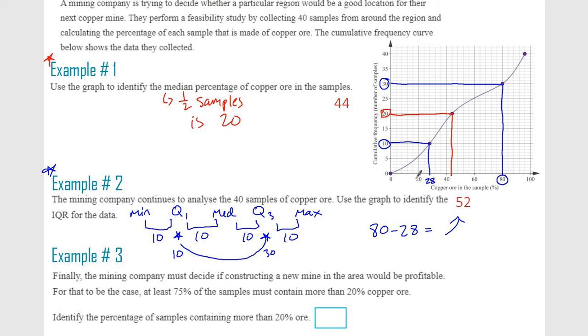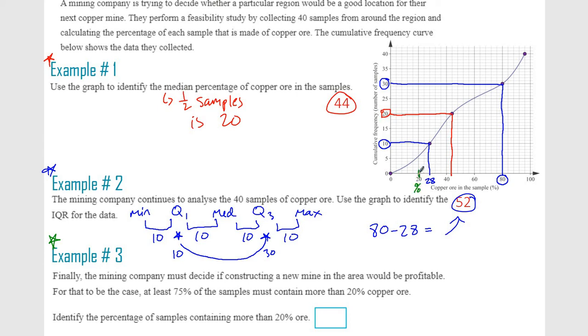All right, hopefully this is making sense. Let me circle my answers to make it easier to find. Let's do example 3 now. We want at least 75% of the samples to contain more than 20% ore. So 20% is right here.